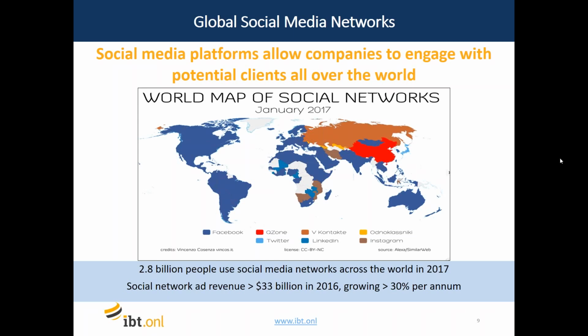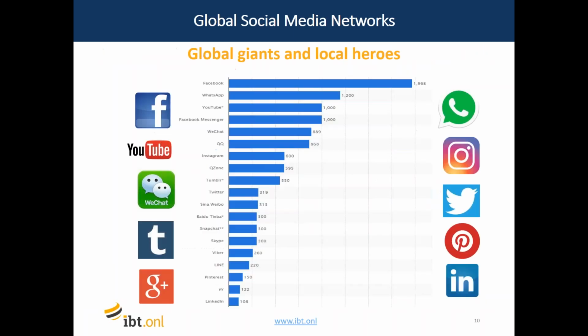Now, talking about the different social networks, the one I actually want to start with first is WeChat. But here you have all the big global giants and what I've called local heroes. The big global giants here: Facebook, WhatsApp, YouTube, Facebook Messenger. Oh, look how many of them are dominated by American ones.